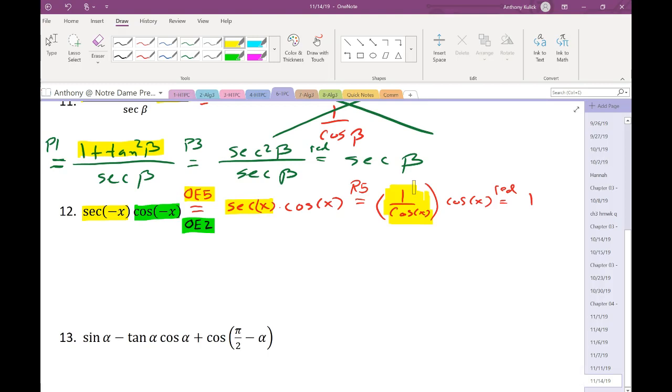Okay, and what's 1 over cosine times cosine? 1. That's why we did it, so that we could get rid of some trig functions. So that one was good. You guys did a good job there.